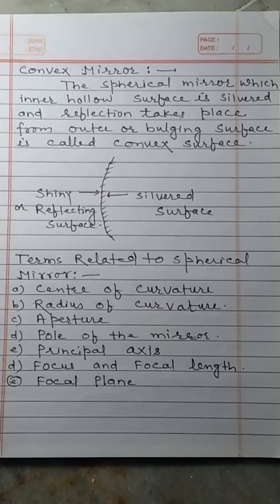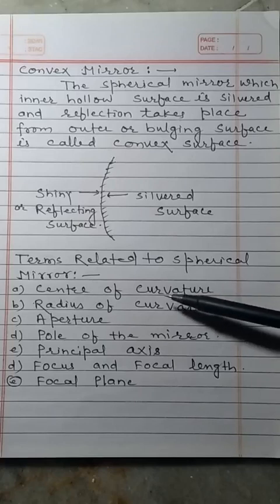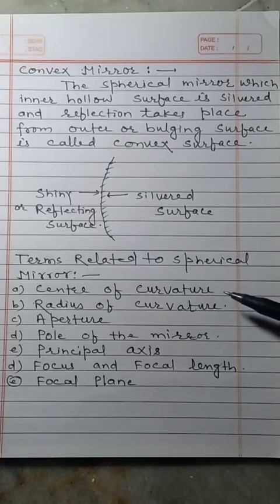Terms related to a spherical mirror. There are some important terms related to a spherical mirror. Number one, center of curvature. Number two, radius of curvature.